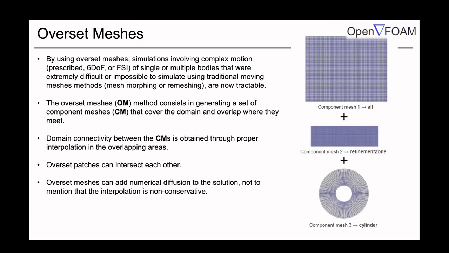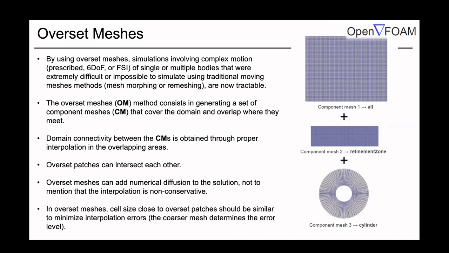And as I told, even if the solution will not be correct, they can intersect each other. So even if your body comes and collides with each other, the solution at that point will be wrong, unphysical, but your solution will not diverge because they are all disconnected. And overset meshes can add numerical diffusion to the solution, and interpolation is non-conservative. So this, numerically, you all know.